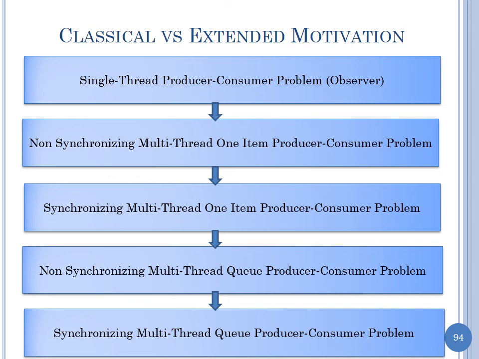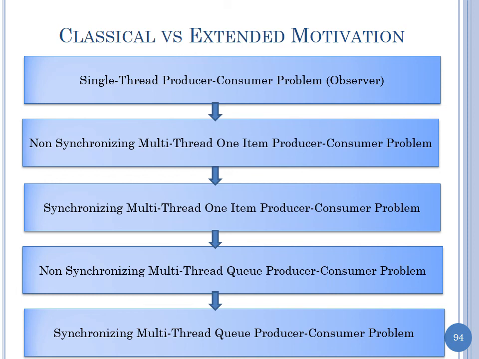Now, in operating system solutions, let me give the whole thing right now, and we'll just skip the next slide. Classically, people just go from the non-synchronizing multi-thread queue producer-consumer problem to the synchronizing multi-thread queue producer-consumer problem.